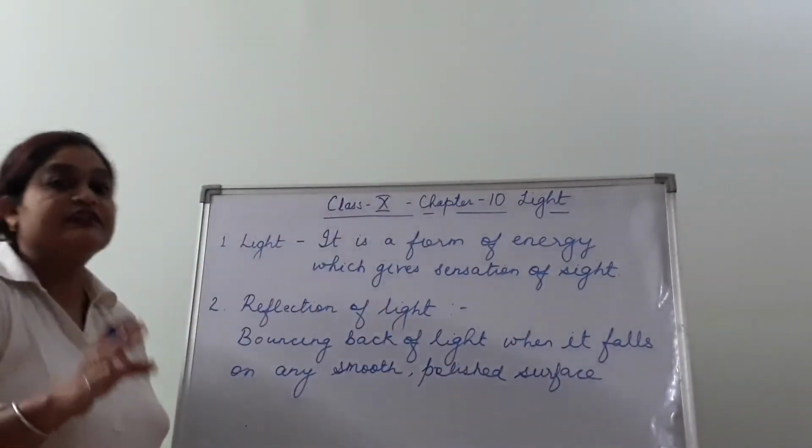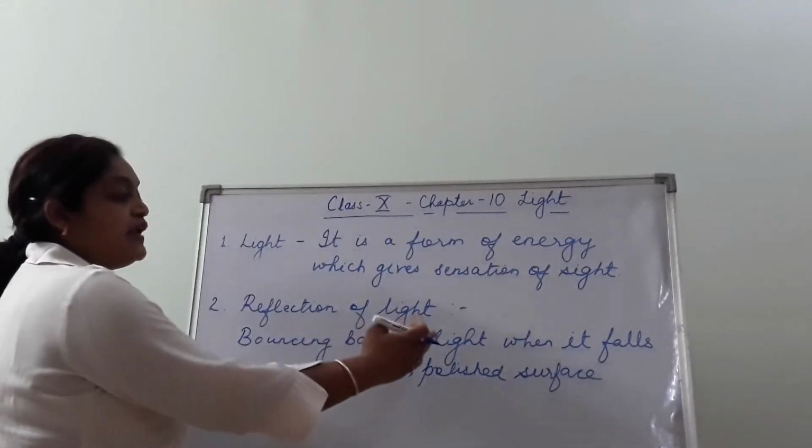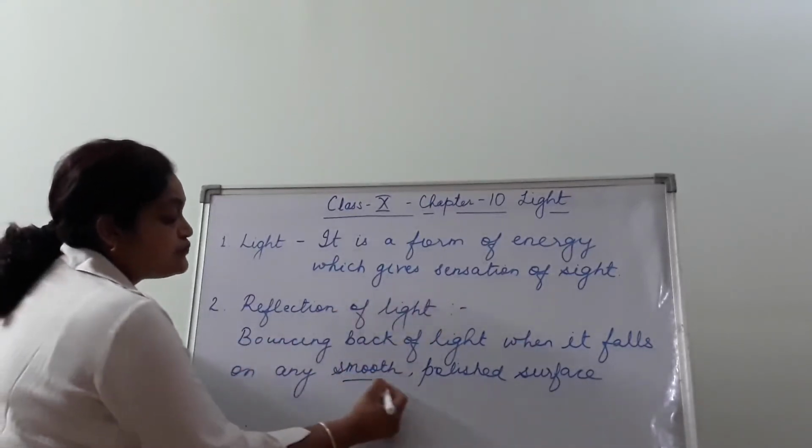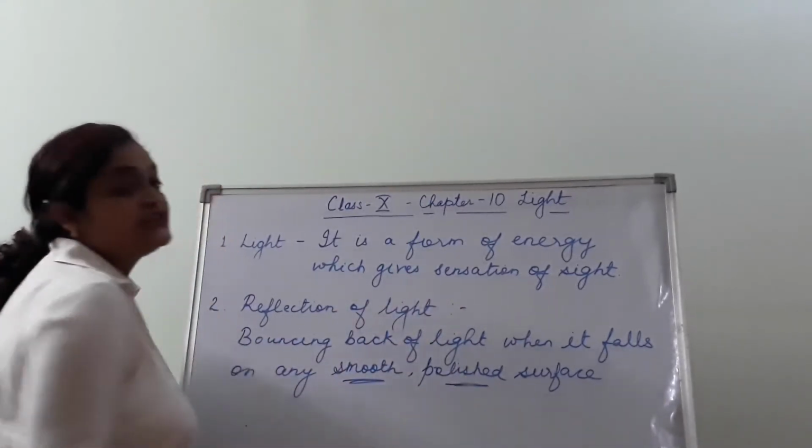So what is reflection of light? Bouncing back of light when it falls on any smooth and polished surface.